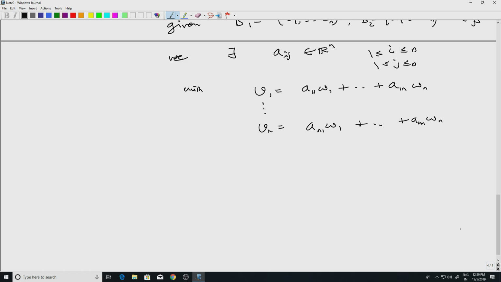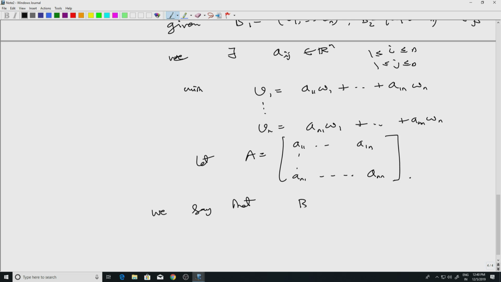Now let's look at this matrix A, the change of basis matrix, with entries A11, A1n through Ann.